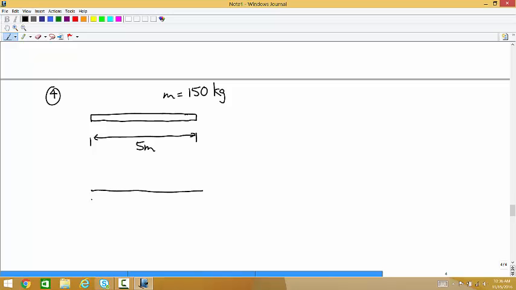Then you can rewrite that as a distributed load of, well, the total weight is 150 times 9.81. So mg is 1471.5. And so the distributed load is 1471.5 divided by the length.